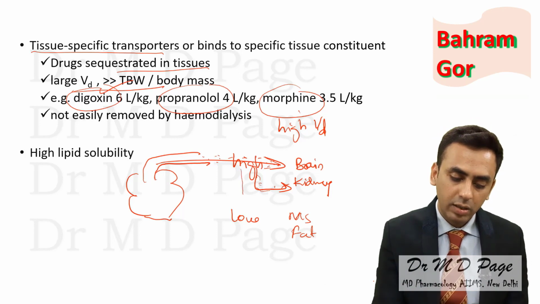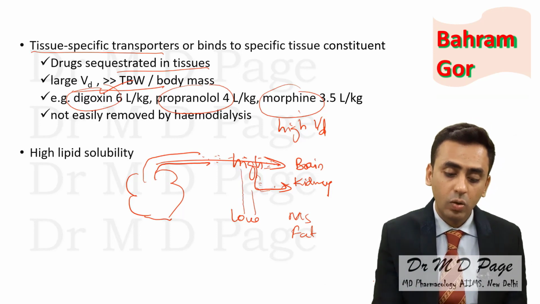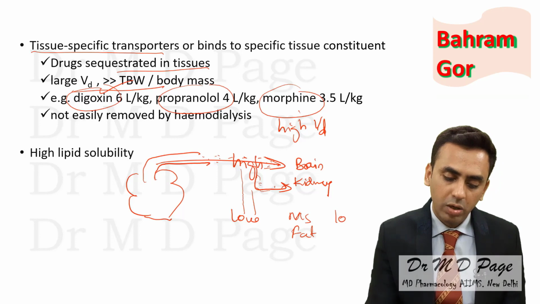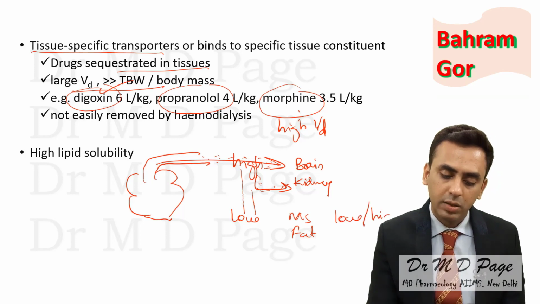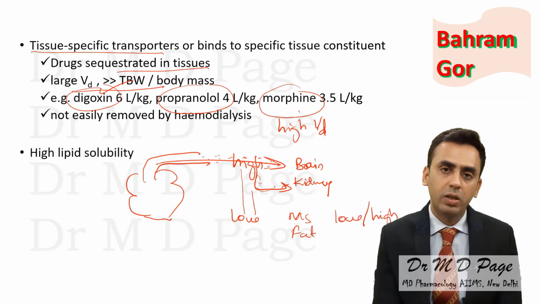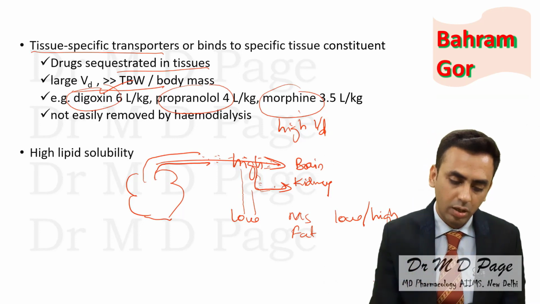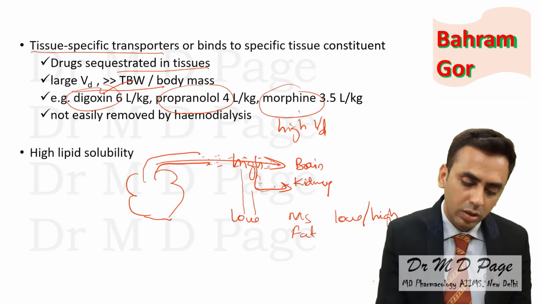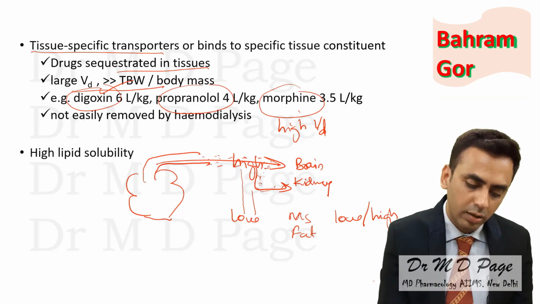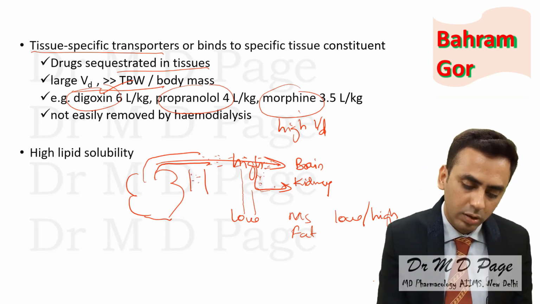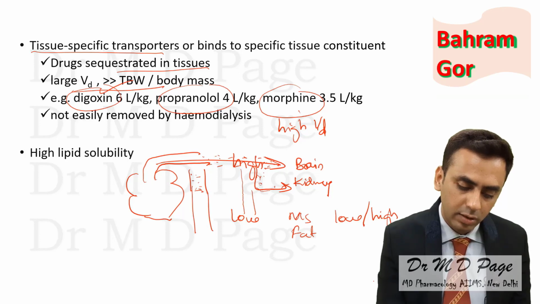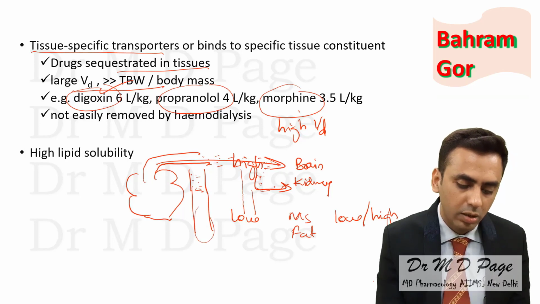But later the drug reaches the low blood flow but high capacity organs. High capacity means they are very bulky, they will take up all the lipid soluble drug. Initially the concentration of drug in blood is high, and once it reaches these organs, it will be empty.